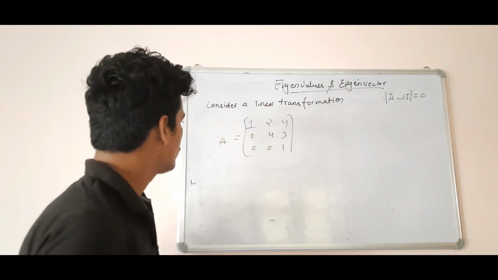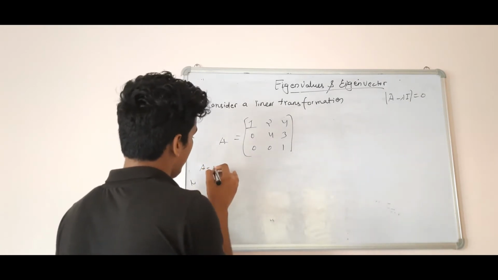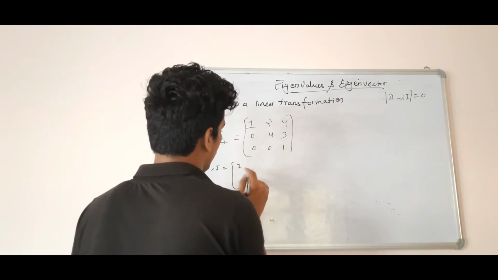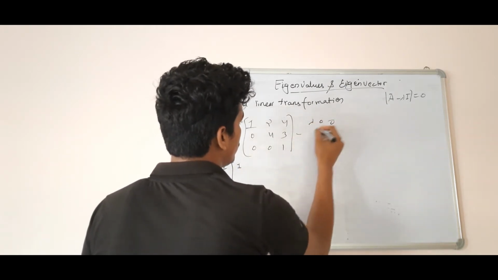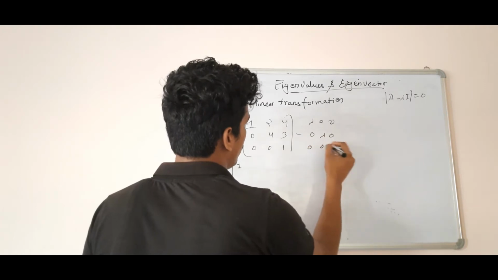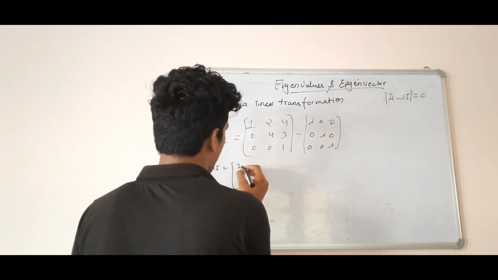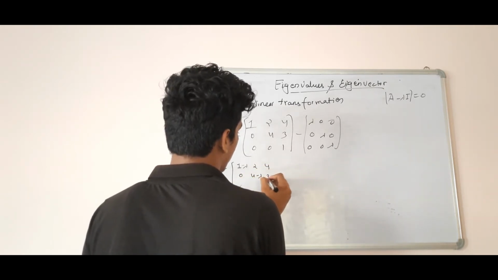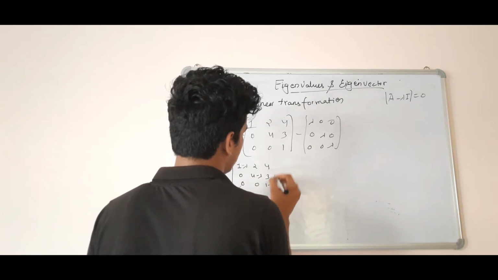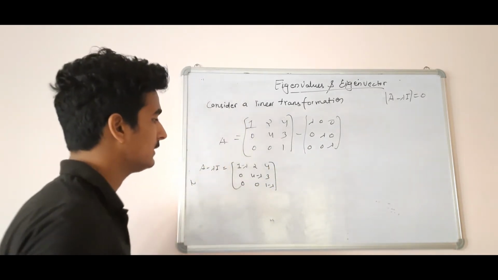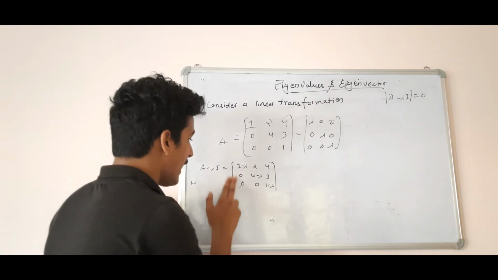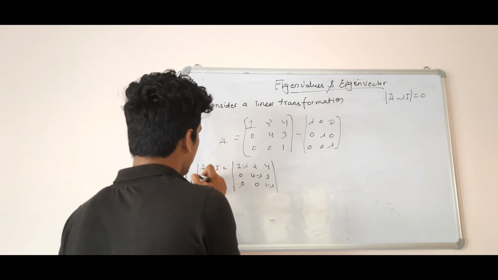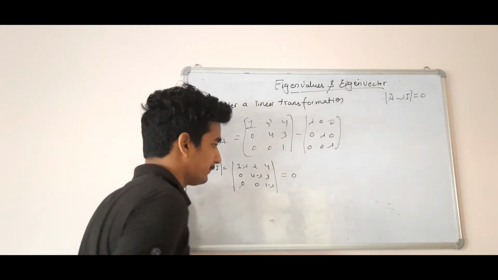What I have to do is form A minus lambda I, so this becomes [1 minus lambda, 2, 4; 0, 4 minus lambda, 3; 0, 0, 1 minus lambda]. I have to take its determinant equal to 0.